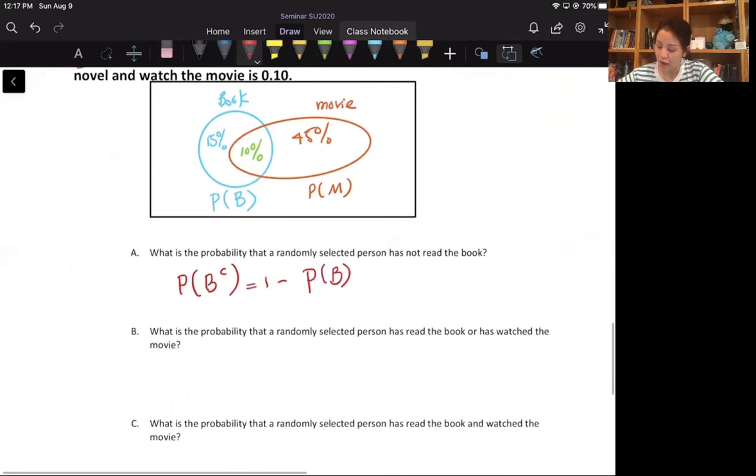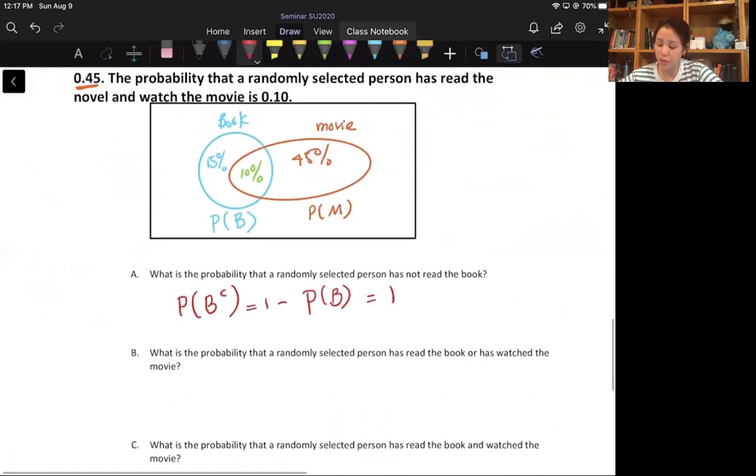And what is the probability of a person reading the book? 15%. So we have 85%. So the answer is 0.85.